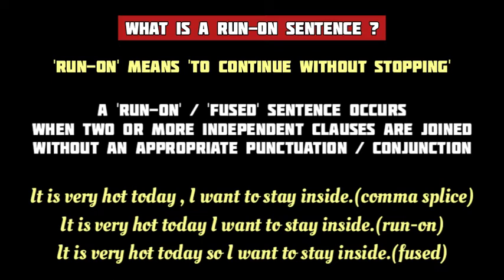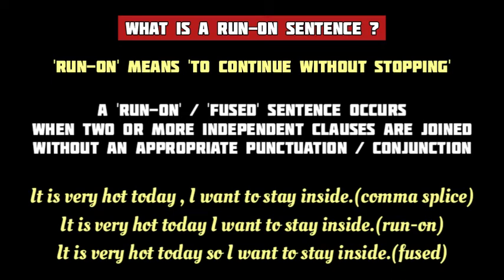Now see some examples of run-on sentences on your screen. In the first sentence, two independent clauses have been joined with a comma. Obviously, it's an example of comma splice, which also leads to a run-on sentence. Then in the second sentence, the two independent clauses have been joined without any punctuation mark or conjunction.